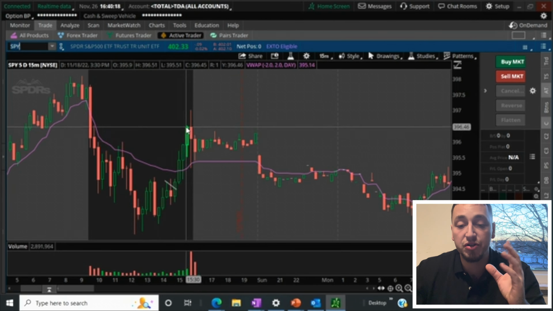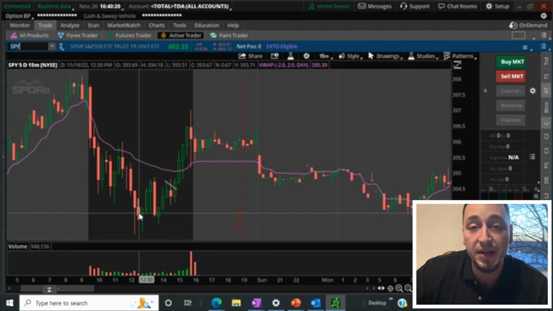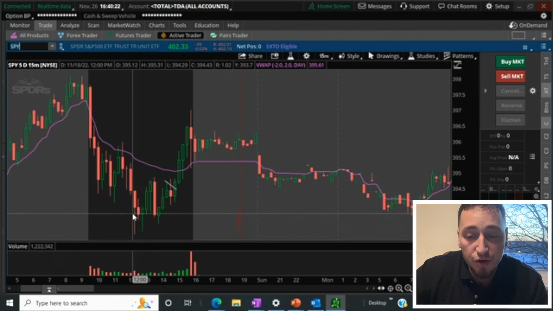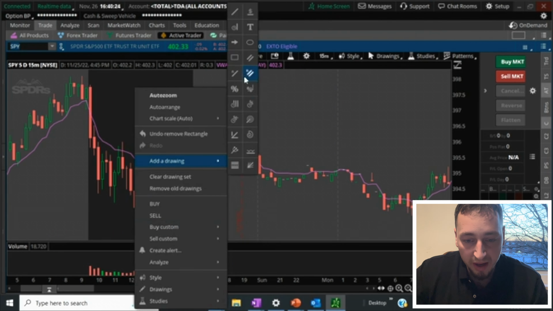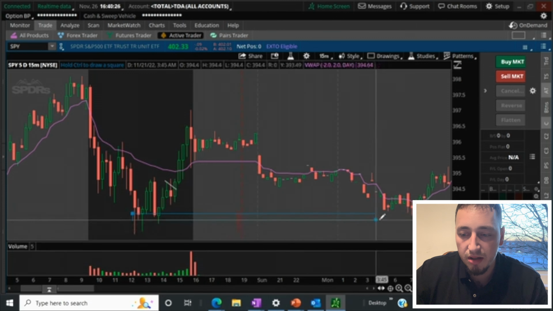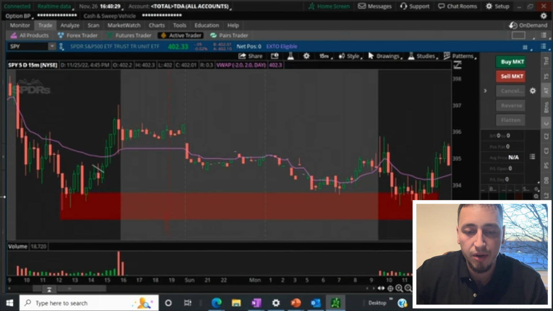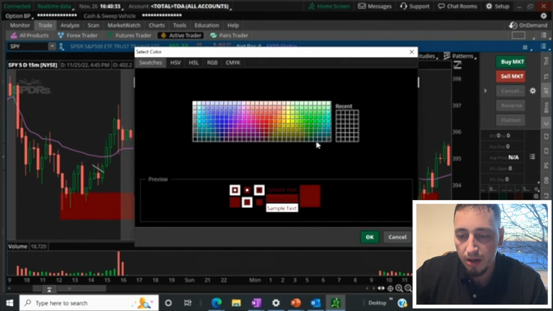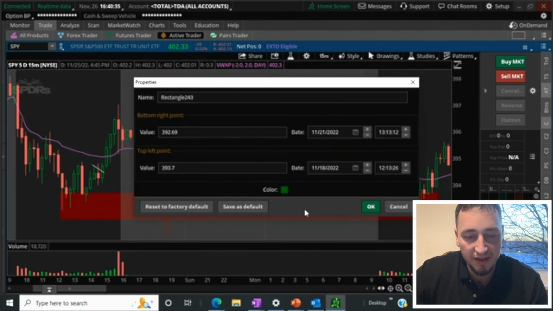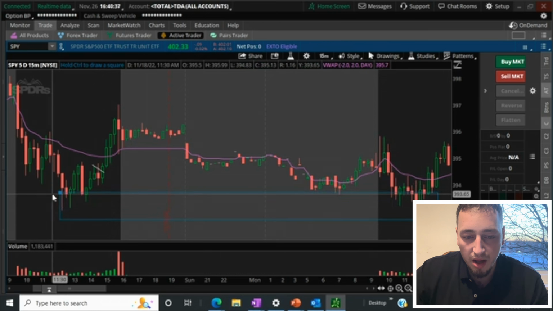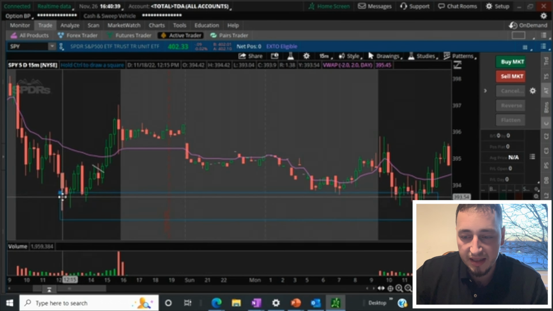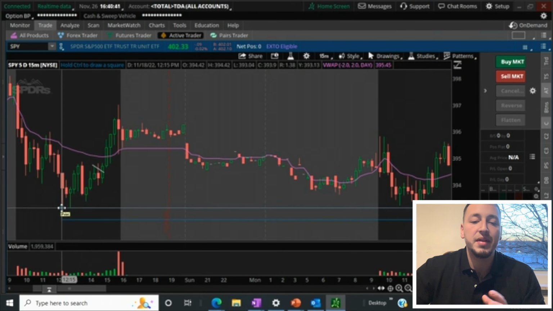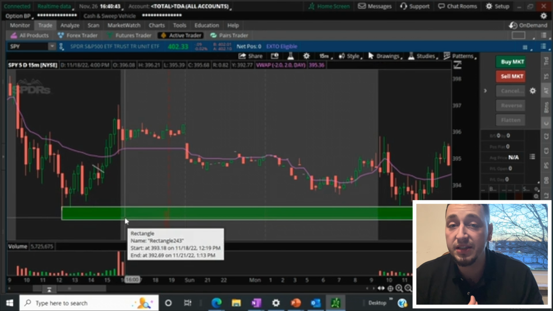That means buyers like this 393.71 area, right? So what we do is right click, grab our rectangle, and draw our demand zone, right? So then go into more, pick your dark green, perfect. Now, I like to kind of keep these as small as possible. That way you get better and tighter entries, right?